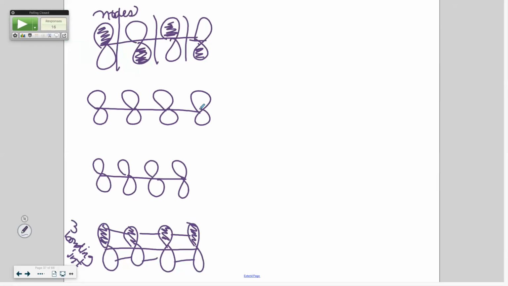So basically, it'd be up, up, down, down. So between here is a bonding interaction. Here's my node, and here's my next bonding interaction. See that? So we have 2 bonding interactions and 1 node.